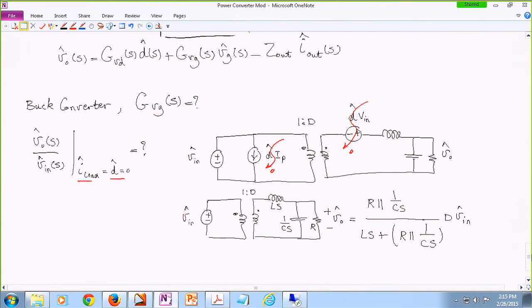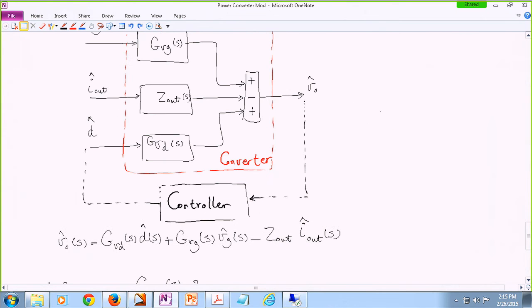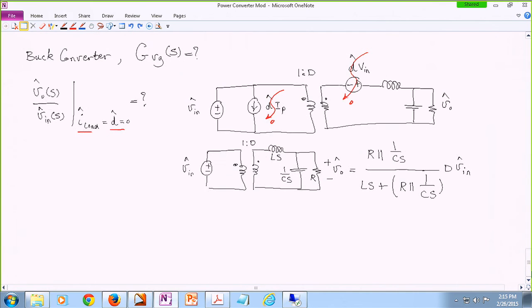So you assume there are no variations in duty cycle, and no variations in the output current or the load. The only thing that is changing is the input voltage. So no variations here, it's 0. No variations here, it is also 0. And so the system reduces down to this very simple circuit.